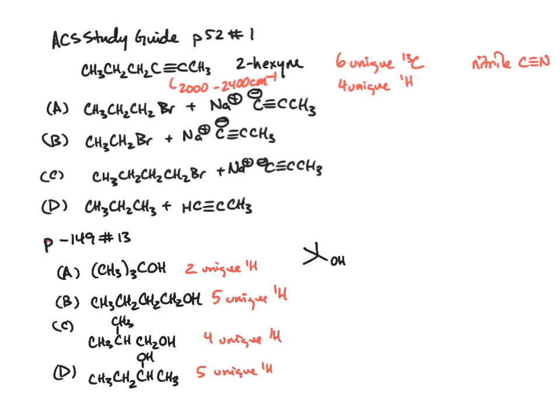Does everyone see that? The methyl groups are all equivalent. There's no beta hydrogens, so it's going to be a singlet that integrates to 9. And then this will be a singlet that integrates to 1.